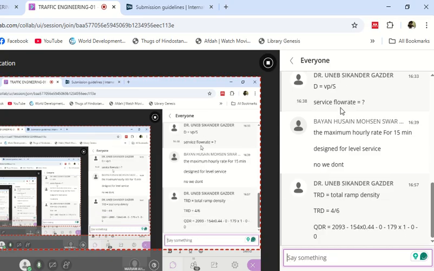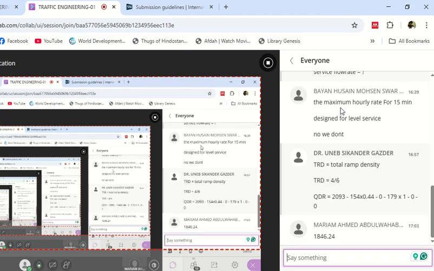So how much is my QDR here? Okay, so the capacity of the work zone is this value.